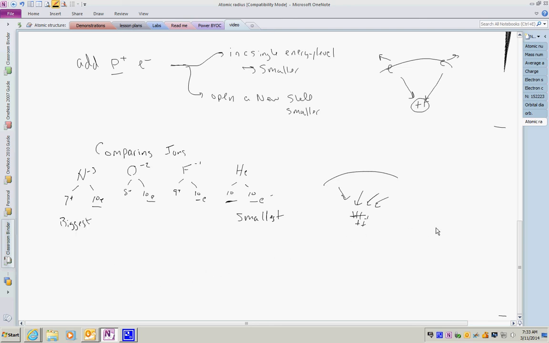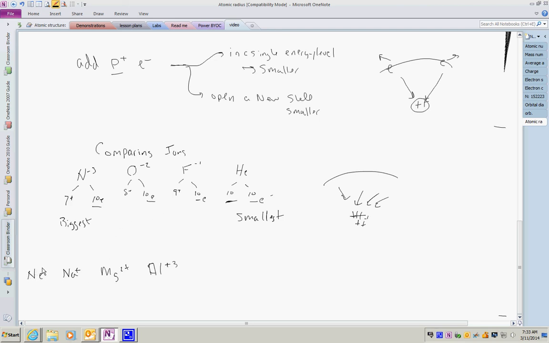You could compare this on the metal side. Say, what if we got Na+, we got Mg2+, we have aluminum 3+, and we can even back up again and say, let's compare this to neon.